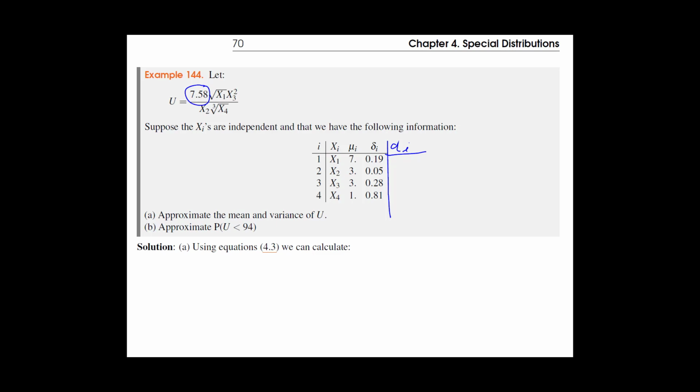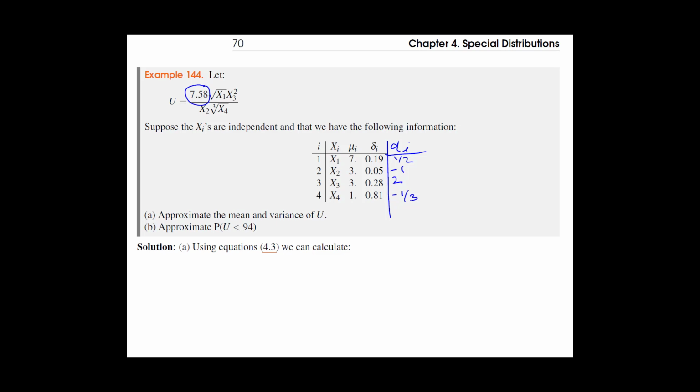So AIs are the exponents of each random variable. So x1 has exponent 1/2, right? This is the square root. x2 has exponent -1, x3 has 2, and x4 has -1/3, right? The cubic root. So these are the AIs in our formula before, coming from the definition of U, okay?